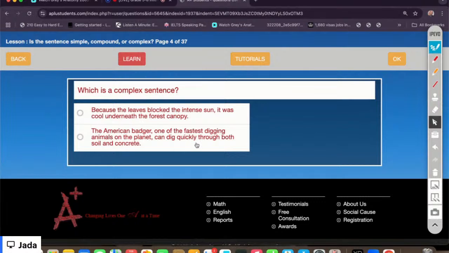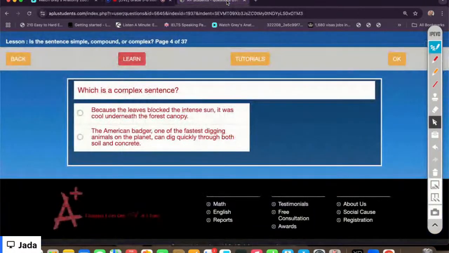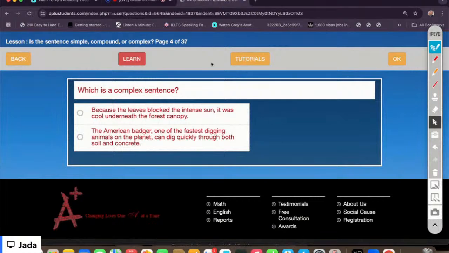So this one, what is the complex sentence here? Okay, so what is the complex? All right, so the first one also, because it starts with because, and because is what? Subordinating conjunction.